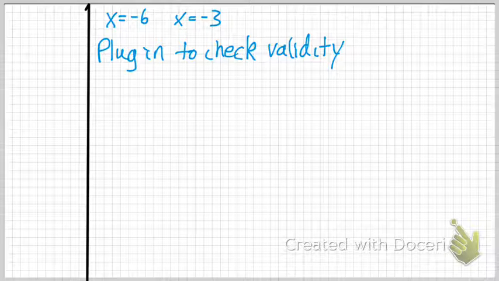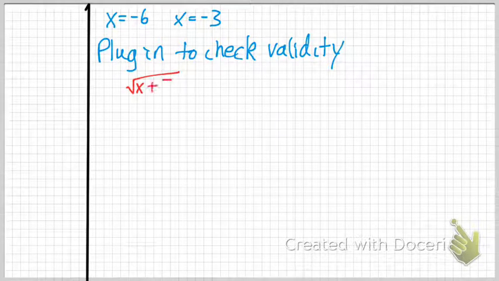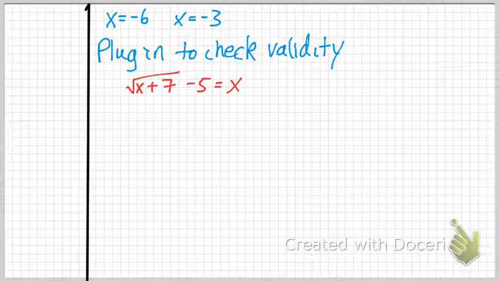Alright, and we're going to plug in now to see which of these solutions are actually correct. So we're going to take our original expression, which is going to be the square root of x plus 7 minus 5 is equal to x. And what I want to do is plug in each of these numbers to see if they're valid.